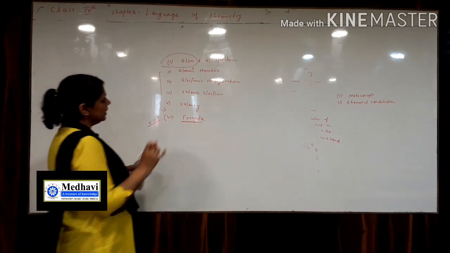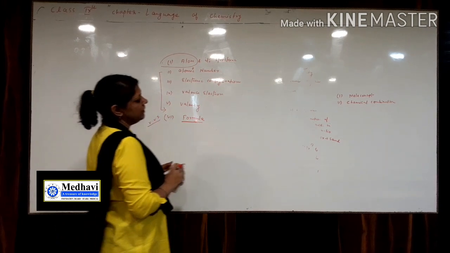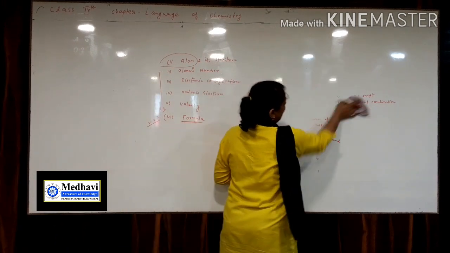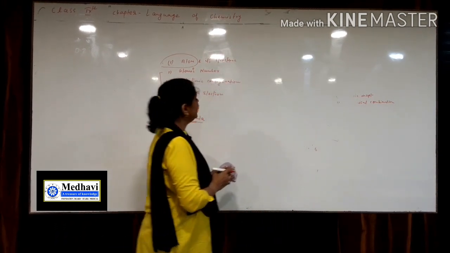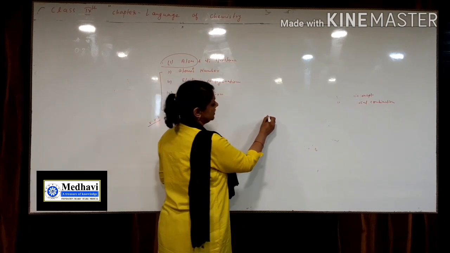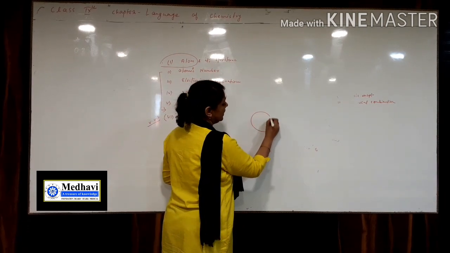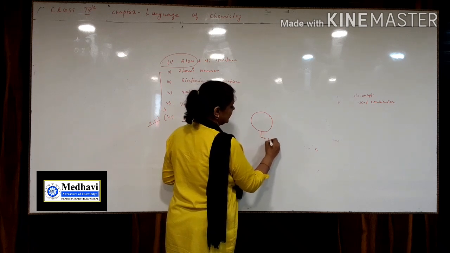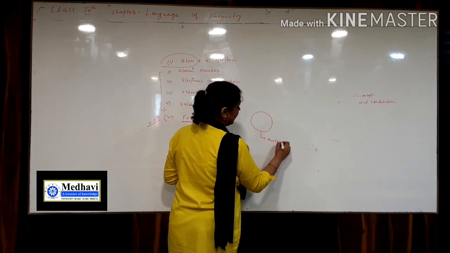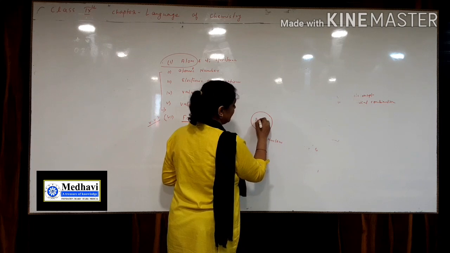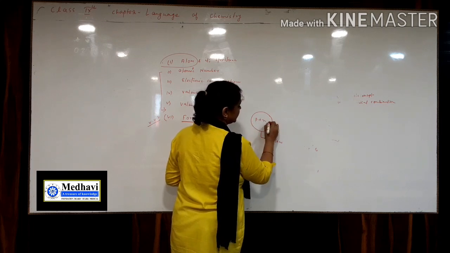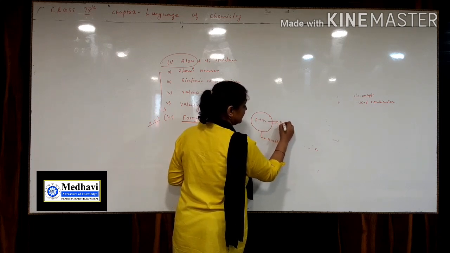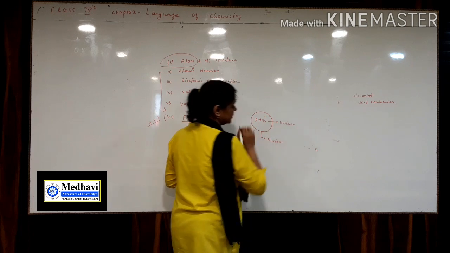So now I am going to discuss atom and its structure. As you know, atom has three fundamental particles. Atom has two parts. First is its central part, that is called nucleus. Inside the nucleus, protons and neutrons are present and they are collectively known as nucleons.